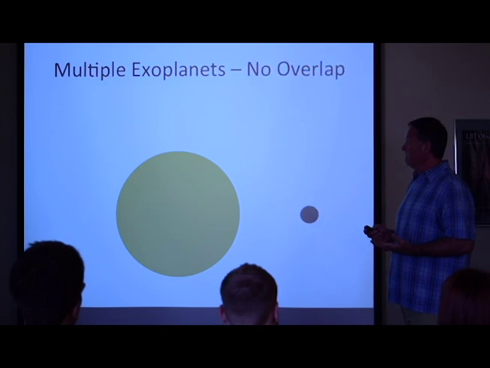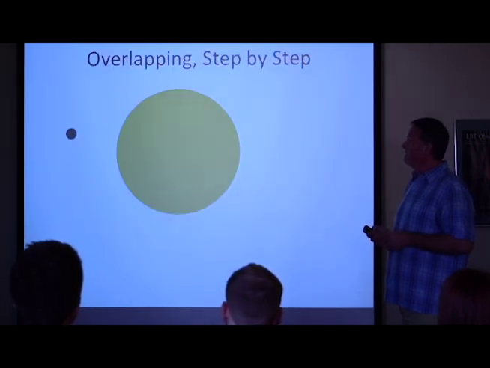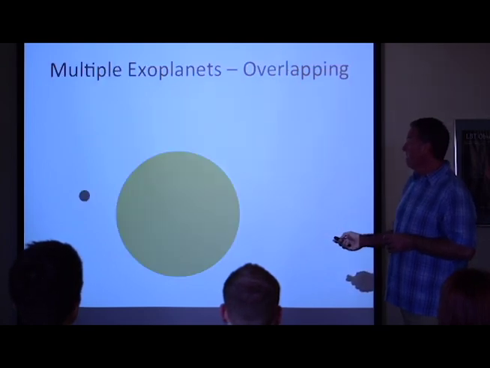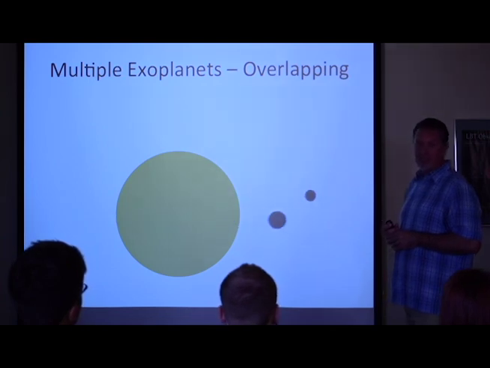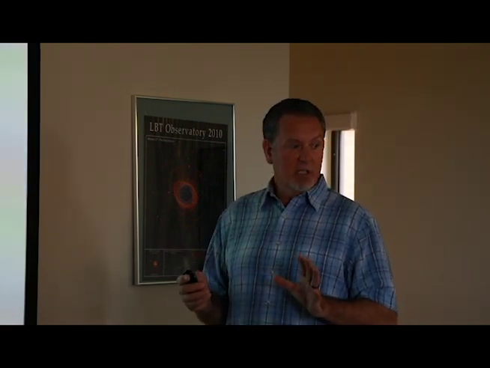But what if you had this case instead? What if you had the case of two planets whose motions, so I'm going to go back a slide, happen so that the planets are simultaneously in front of the star? They're in front of the star at the same time. So in this case, I want to talk you through what the graph might look like, because it could get kind of complicated.